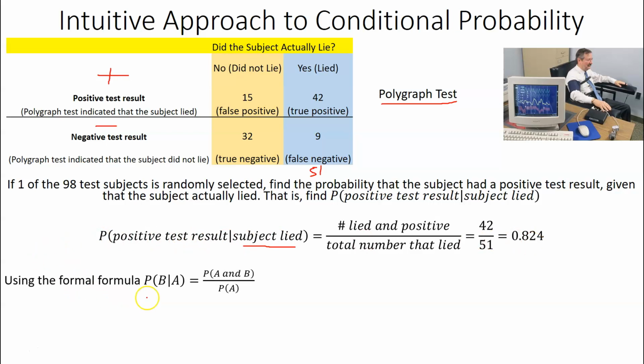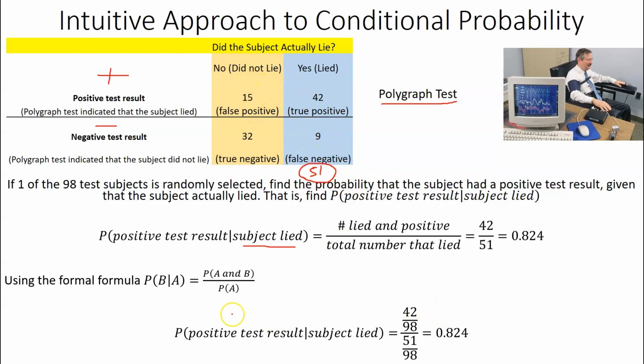If I use the formal definition, so this was the intuitive approach. This was an intuitive approach to conditional probability, and you're going to need one of the numbers that comes from the second part. If I use the formal definition, it's going to look like this. There's 98 people total, so you have to add up all the people.